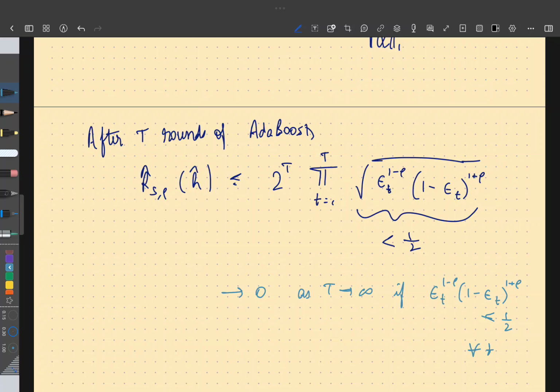And we know that if we have a gamma weak learner in each step, then epsilon t is at most half minus gamma, and 1 minus epsilon t is something like half plus gamma.